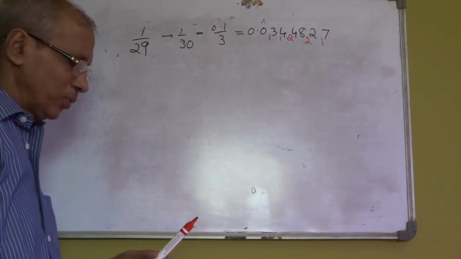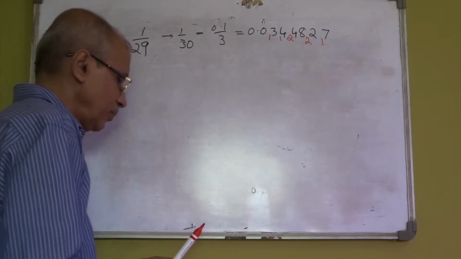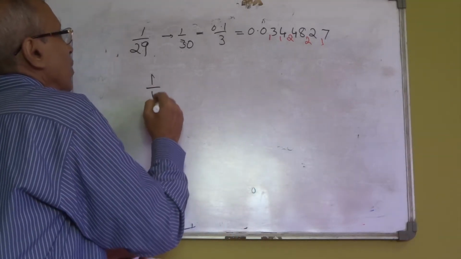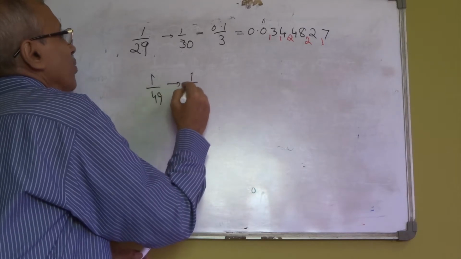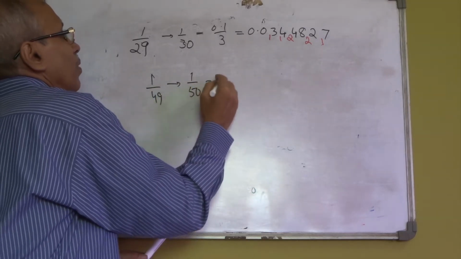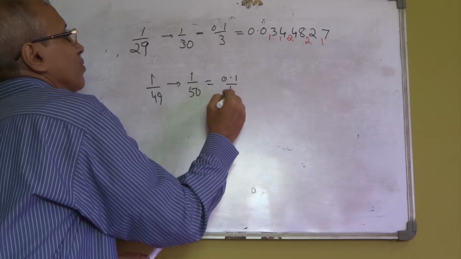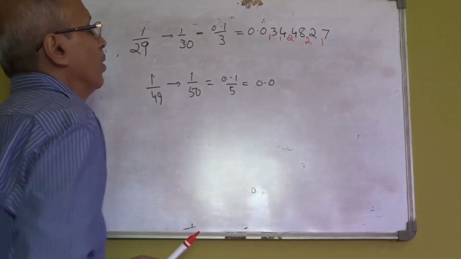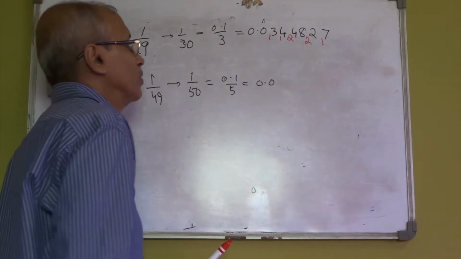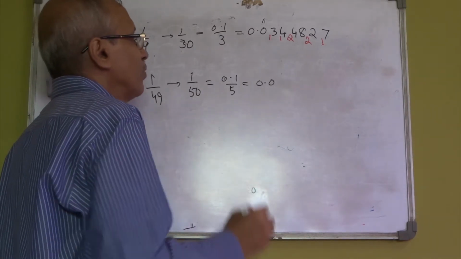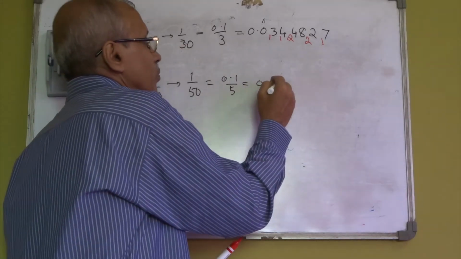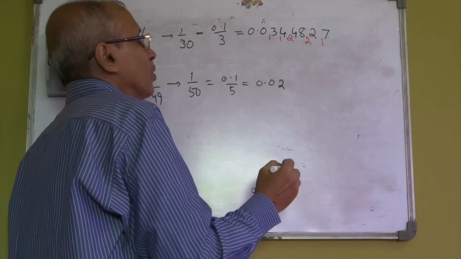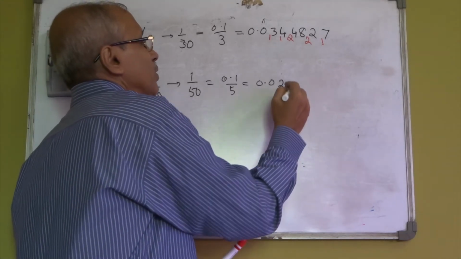Let us take one more. 1 by 49. As usual, add 1. 1 by 50. 0.1 by 5. Now 0. You are left with the 10. 2. Remainder 0. 2 by 5 is 0.